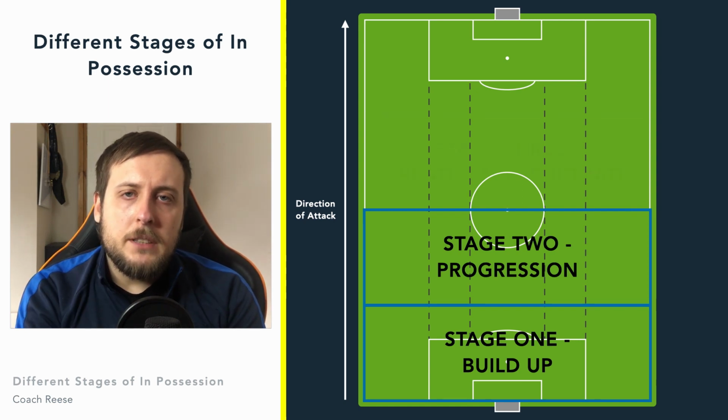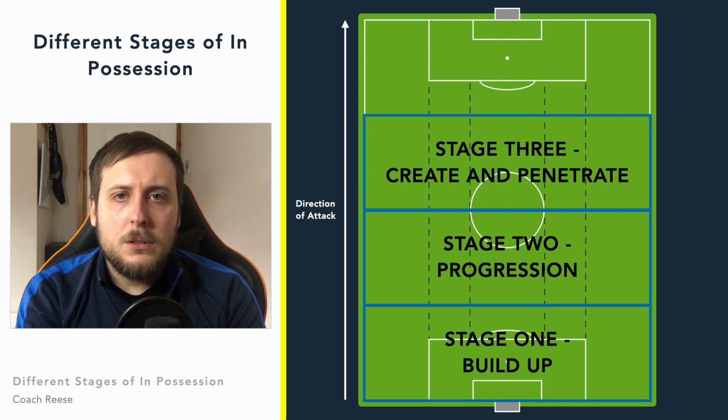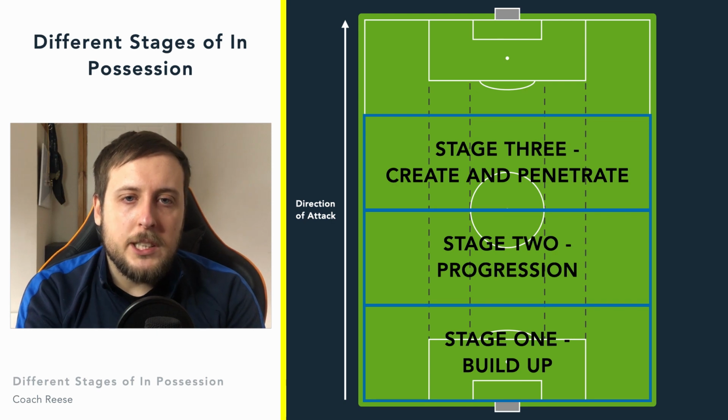So stage 3 of being in possession is called create and penetrate. And this is where we'll see the team almost fully establish their in possession shape. So if it's a 3-2-5 or a 3-3-1-3, whatever that shape looks like, once the team are in this area, we'll pretty much have it established.